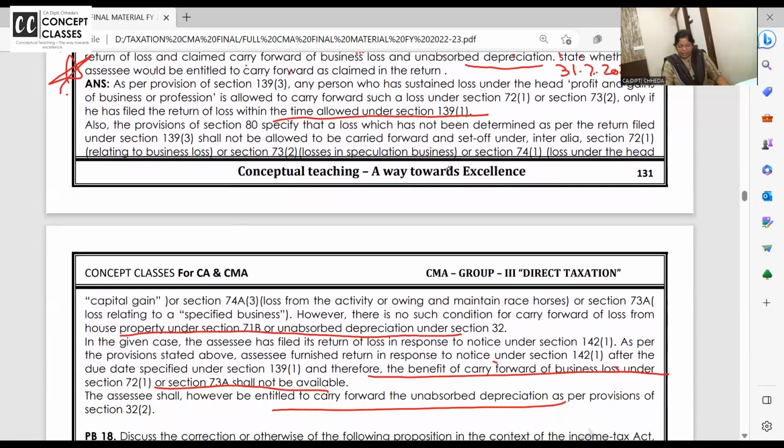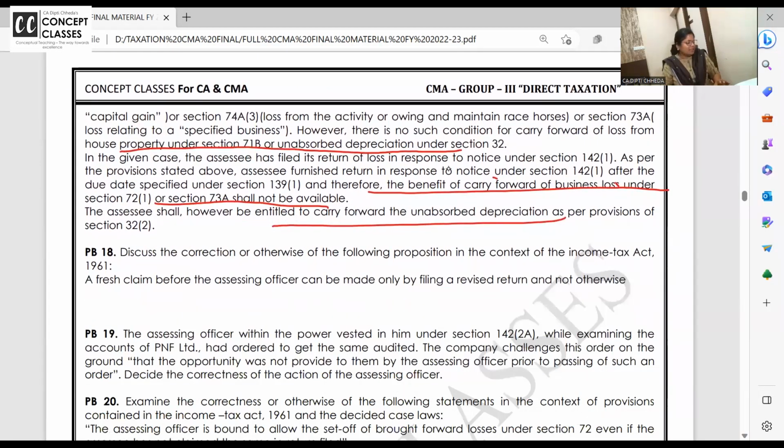Except in case of house property and unabsorbed depreciation, all the other losses will lapse if you don't file the return on time. Say you didn't file the return by July 22. Now in April 23, the AO is asking you to file the return against the notice 142(1). Now can you say, since I am filing the return anyway, let me put these losses in? Clear? It's not allowed.